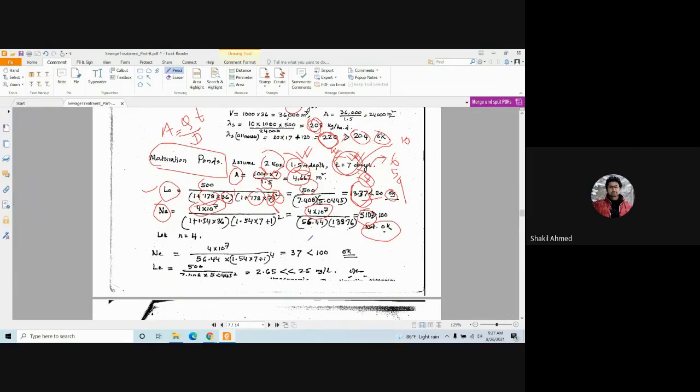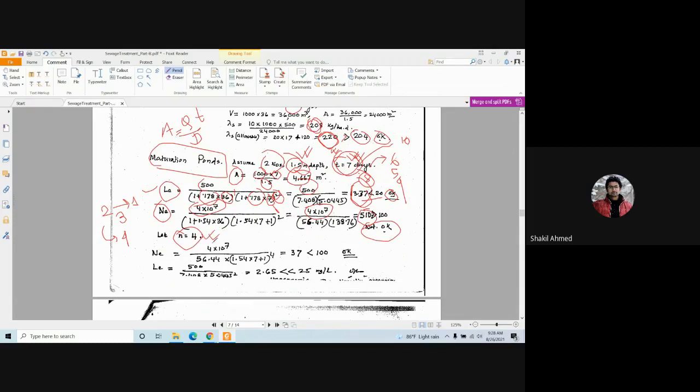So what they are using is n equals 4. In your case, you should not go suddenly to 4 from 2. First, you should increase to 3, and then go to 4. If you are experienced, then you could use it directly.